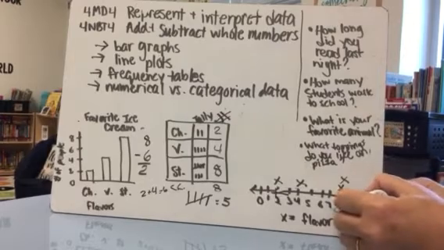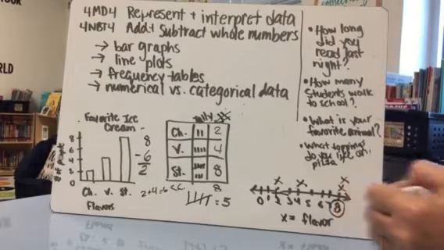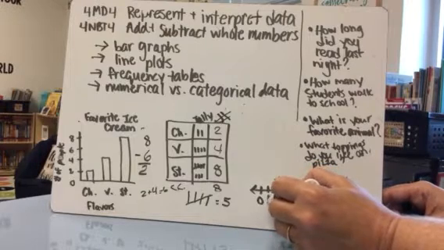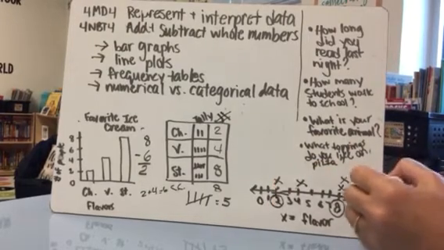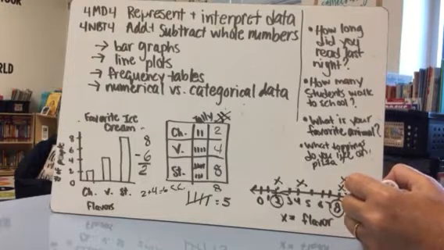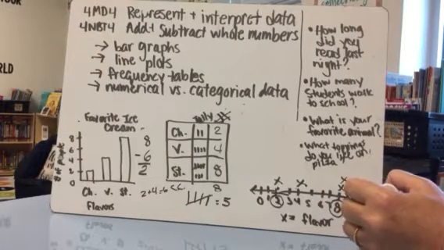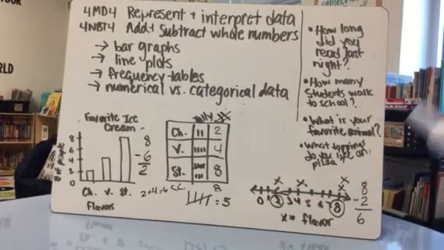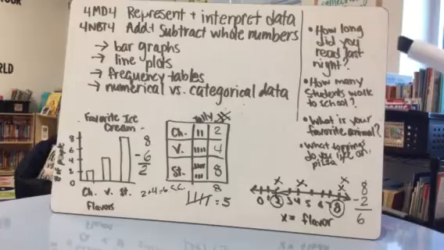So 8 represents the votes for the most popular flavor. 2 represents the votes for the least popular. And we're not even worrying about X's right now. We had to notice where the X's were to start with to find popular and least popular. But to find out how many more votes, you're really subtracting the numbers along the bottom of the line plot.